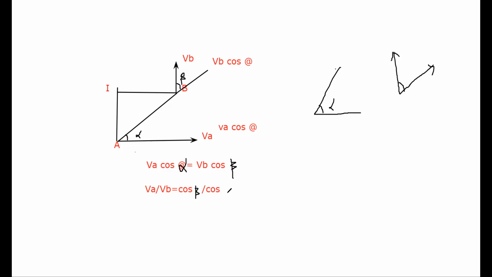I have just interchanged this: VA divided by VB is equal to cos beta by cos alpha. I can also write cos beta and cos alpha in another way, but initially I will tell you how we can write it here.